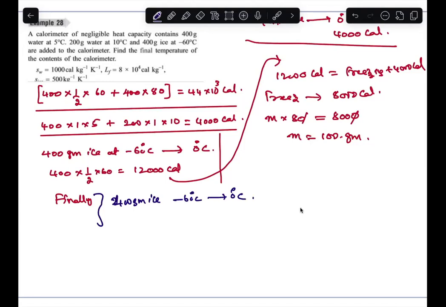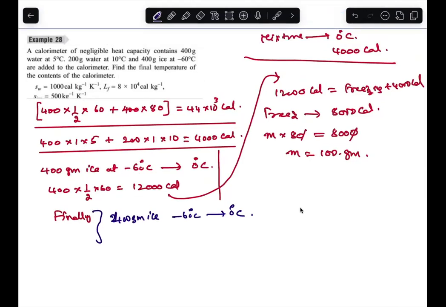Rest, 400 grams plus 200 grams, 600 grams of water, is first converting to 0 degrees centigrade, plus 100 grams water freezes to ice.